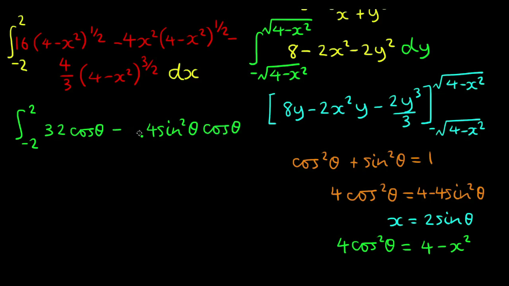Then we get minus 32 sine squared theta cosine theta. And finally, we have 4/3 by 4 cosine squared theta to the 3/2. So 4 cubed is 64, and taking the square root gives 8. So 4 by 8 is 32, and cosine squared theta to the 3/2 is cosine cubed theta.